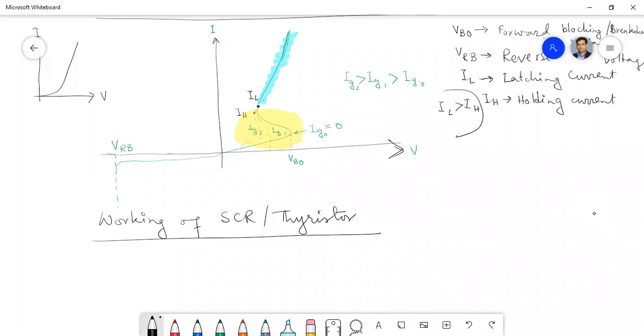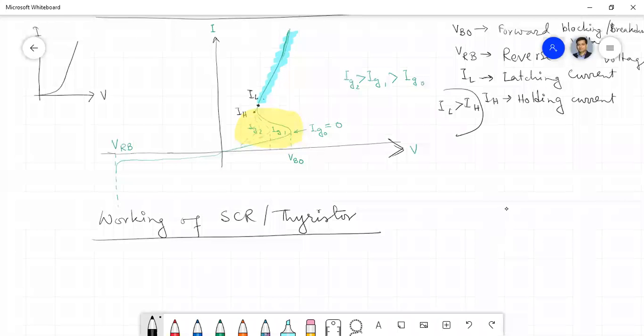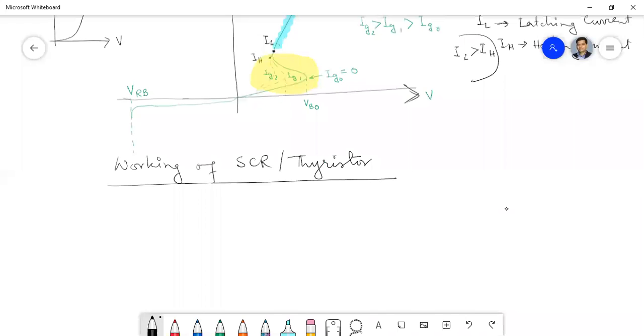Okay, as I already told you, in the forward bias condition of SCR or thyristor, if we apply a small current signal to the gate, then the SCR starts conducting.